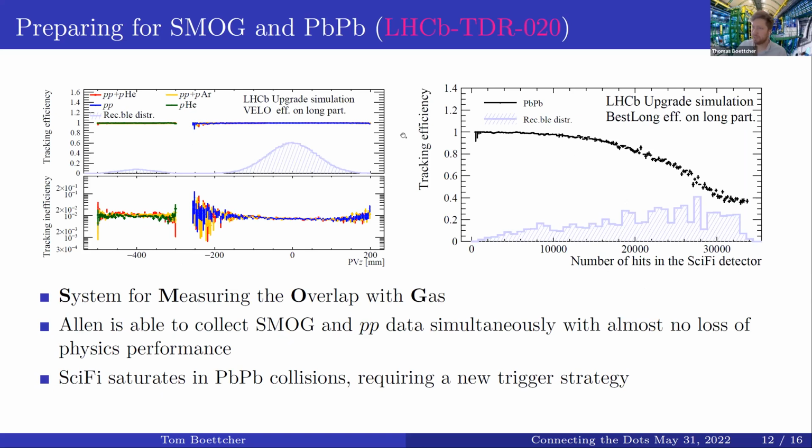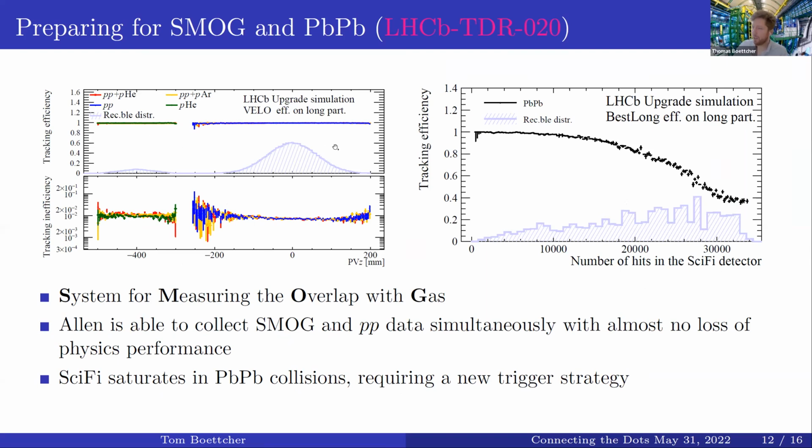LHCb will collect data not just in a PP mode, but we will also collect data in fixed target mode using what is called the SMOG system. This is the system for measuring the overlap with gas. The SMOG system was originally developed for precision luminosity measurements, but it has since become a physics program of its own.